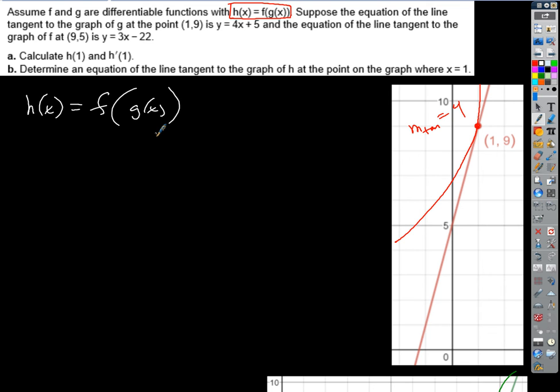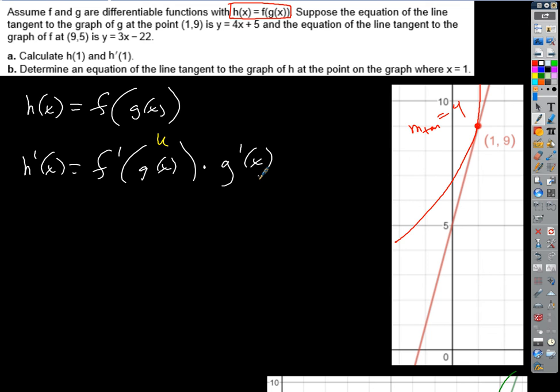So u being, we're calling u g of x, right? So h prime of x would be f prime of g of x, which we could call, and we have called u, right? Times the derivative of the inside function, which is g prime of x.